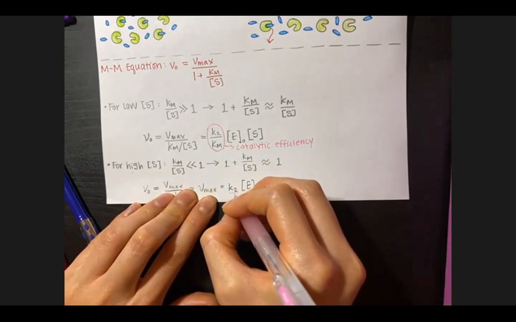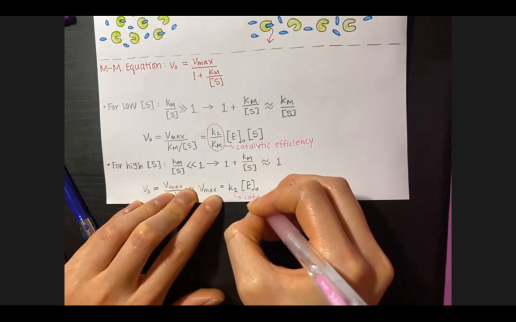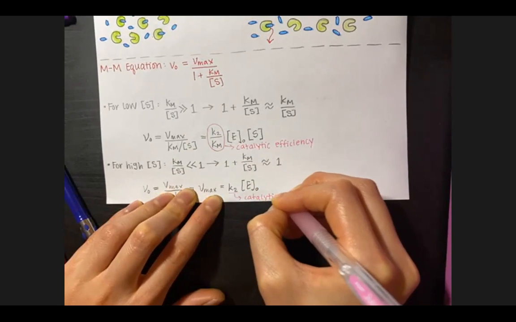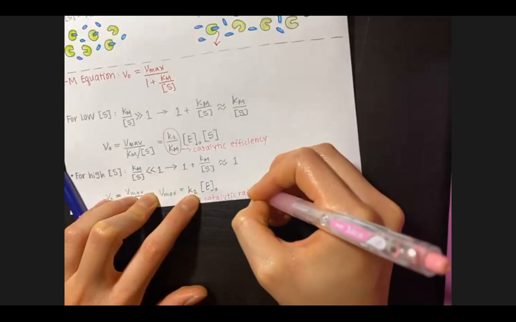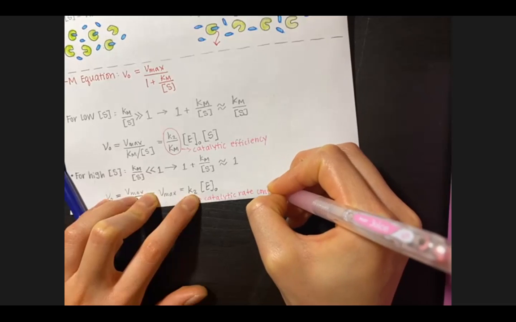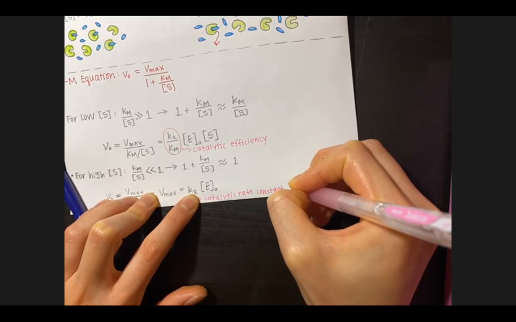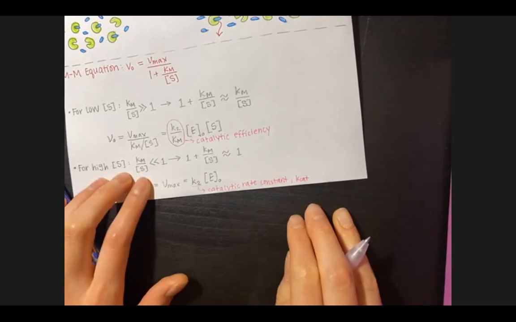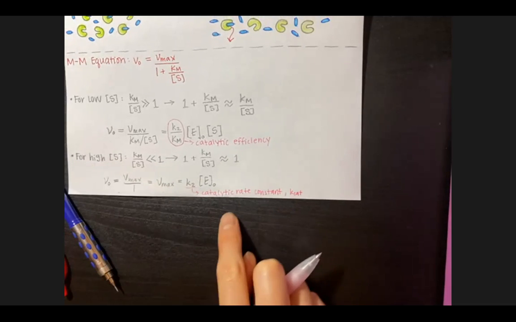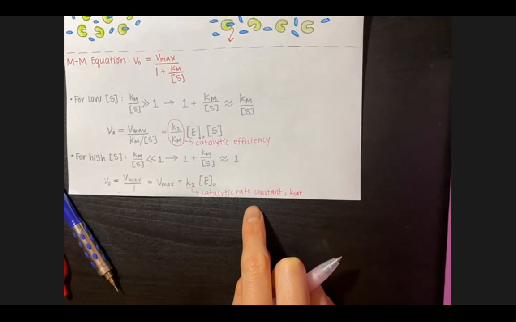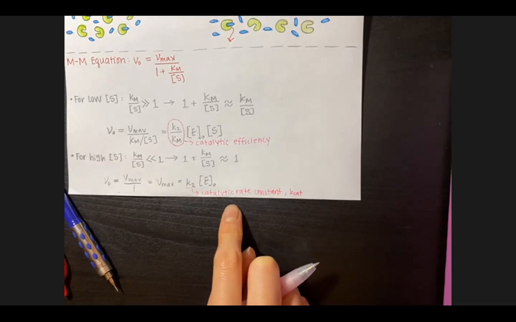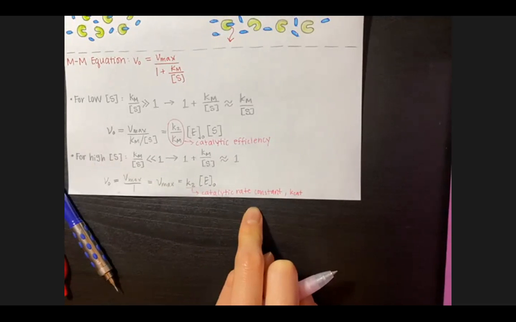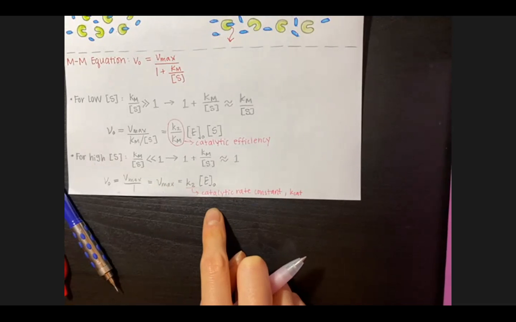And this is our catalytic rate constant, kcat. In Michaelis-Menten kinetics, kcat and k2 are going to be the same thing. And so here the rate is independent of substrate asymptotically, and the rate constant at high substrate is when the reaction proceeds at the max rate.